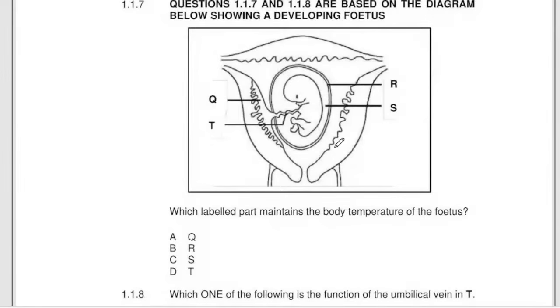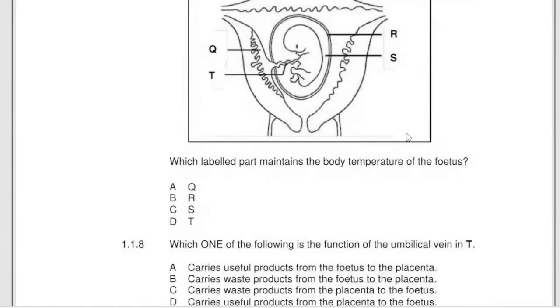Questions 1.7 and 1.8 are based on the diagram below. You need to know how to label the structures. Whenever they give you a diagram, make sure that you know how to label. This is the umbilical cord, this is the placenta, this is the amnion, and this is the chorion. Which labelled part maintains the body temperature of the fetus?